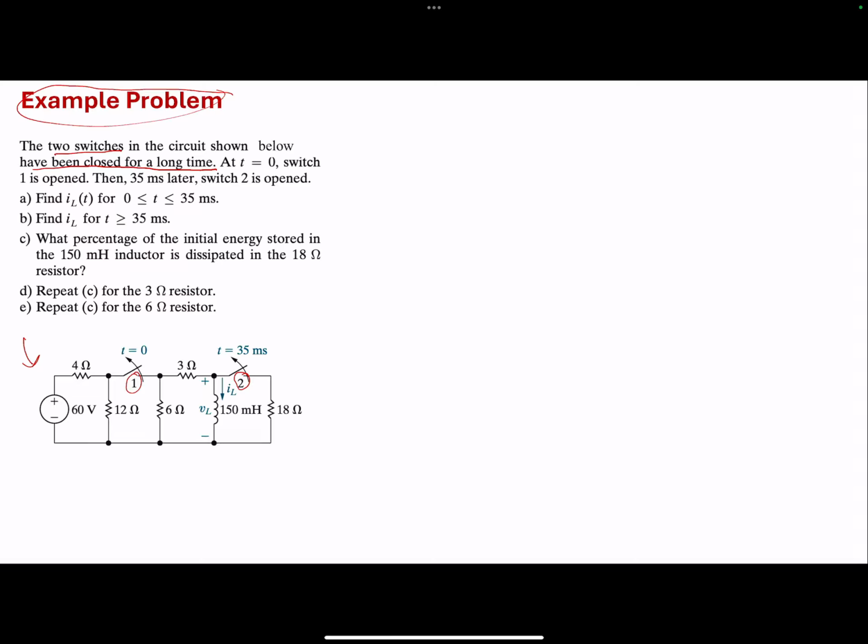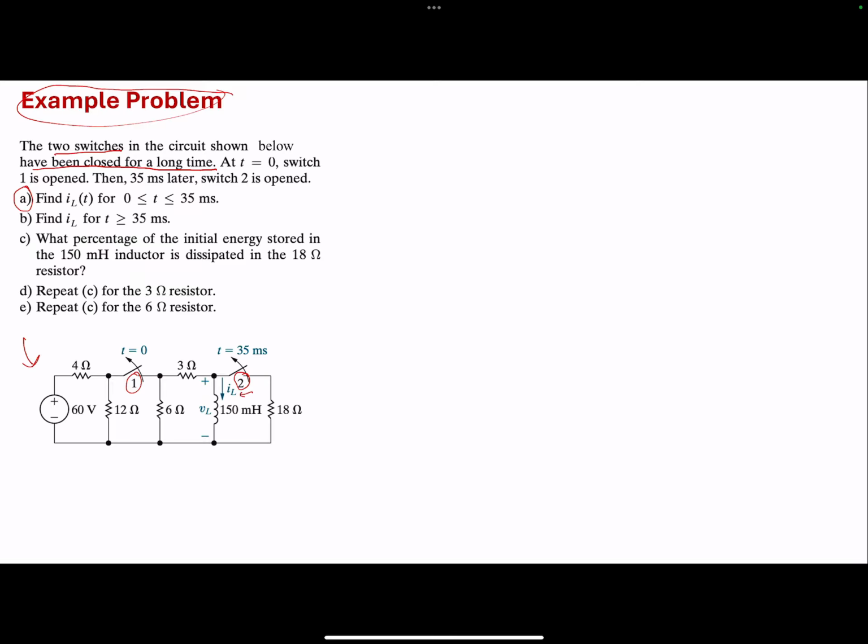This means that the 60 volt DC independent voltage source was providing energy in this resistive network to the inductor for a very long time until it reaches a steady state value, and once it does, the inductor becomes a short circuit. At time t equals 0, switch 1 gets opened, and after 35 milliseconds, switch 2 gets opened. The question asks us to find the value of IL, the inductor current.